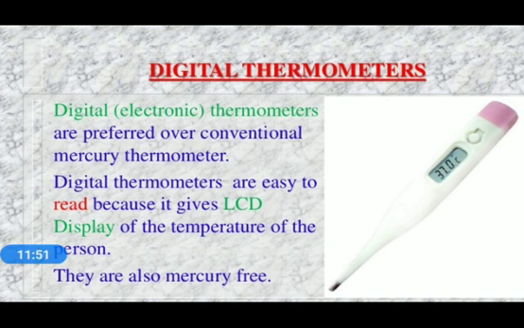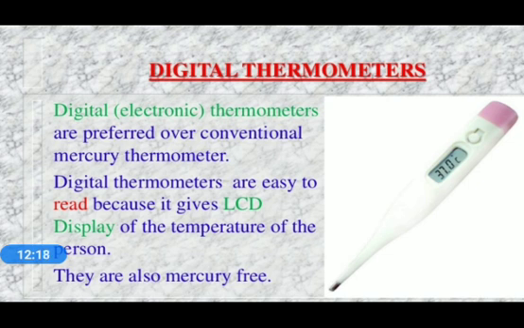Nowadays, the clinical thermometer is available in digital format, and that is known as a digital thermometer, or in other words it is also called the electronic thermometer. Like you can see in the image, that is the image of an electronic or digital thermometer.